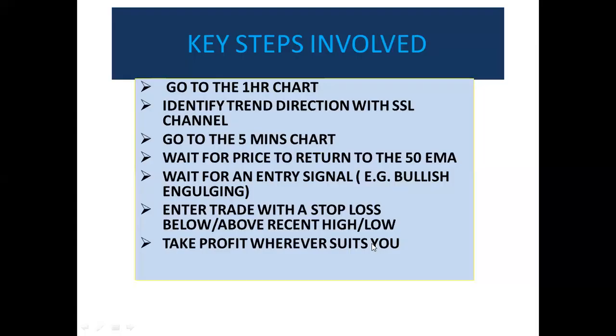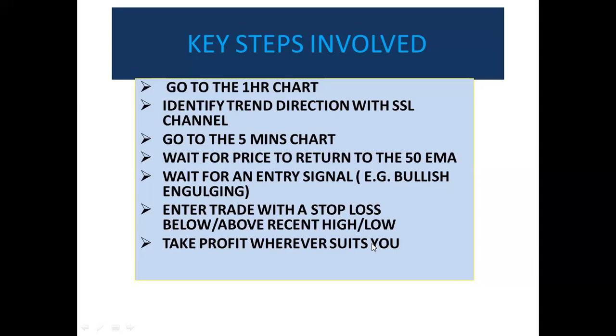So to round off, some of the key steps involved. First of all, you go to the 1 hour chart. The 1 hour chart helps you to determine the trend. Then you go to the 5 minute chart, which helps you to determine the entry.